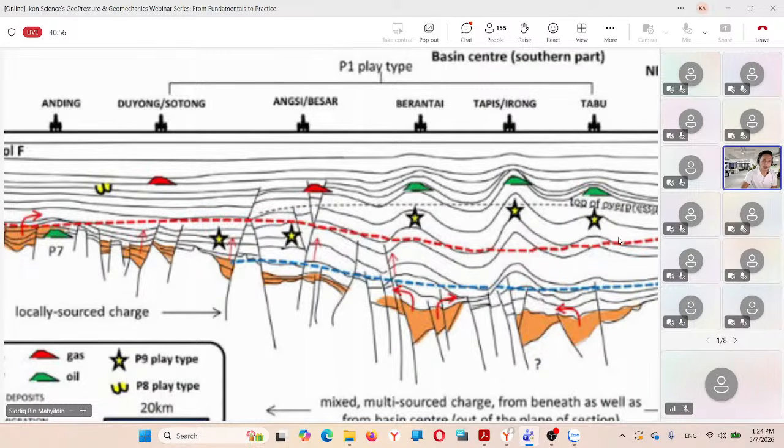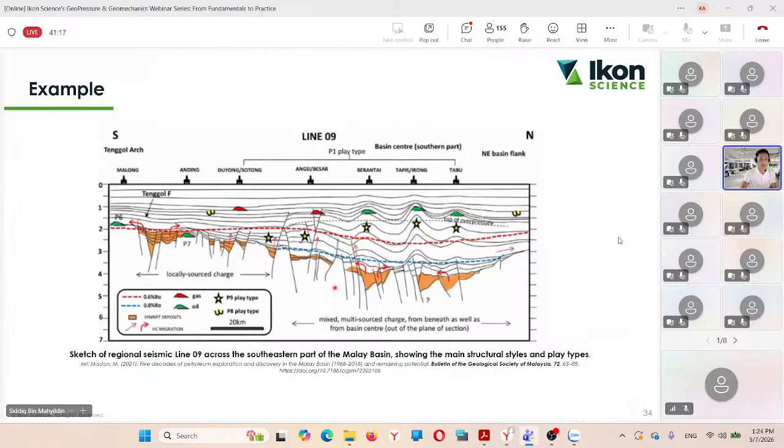So each of these could be its own compartment connected to different parts of the geology, and might have a different pressure regime. Over here, if we are interested in this part, this could be an example of the dipping sand, so if we predict pore pressure over here, we need to take that into account as well. So it's quite important to understand our geology before we come up with different conclusions.